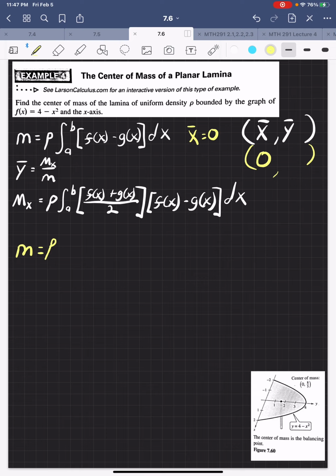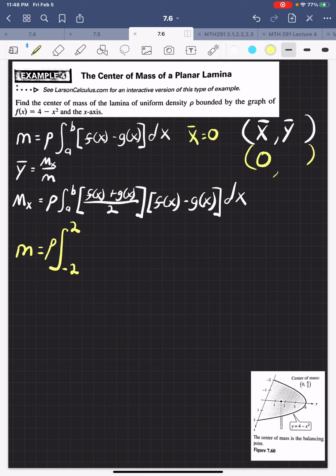So let's go ahead and calculate the mass. So that's just going to be, well, notice that on the x-axis we are bounded from -2 to +2. So that alone is what's going to set up our bounds from -2 to +2. And what is it that we're actually integrating?